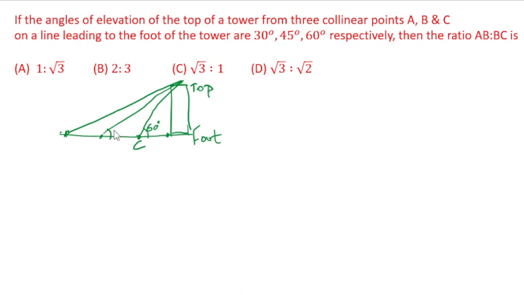This angle is 45 degrees and the point is B. Now the only remaining point is A. Obviously the distance from the foot is increased, so the angle will decrease. So this is 30 degrees. So this is given.